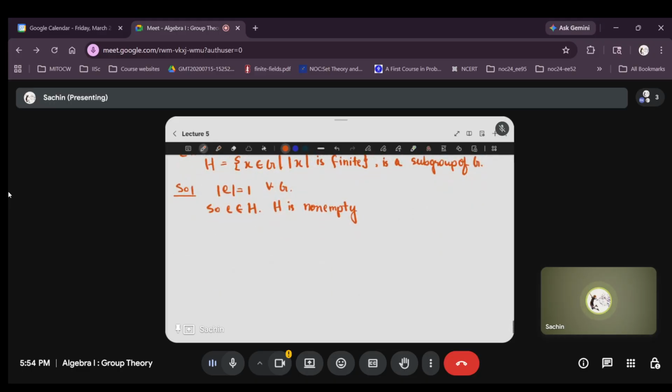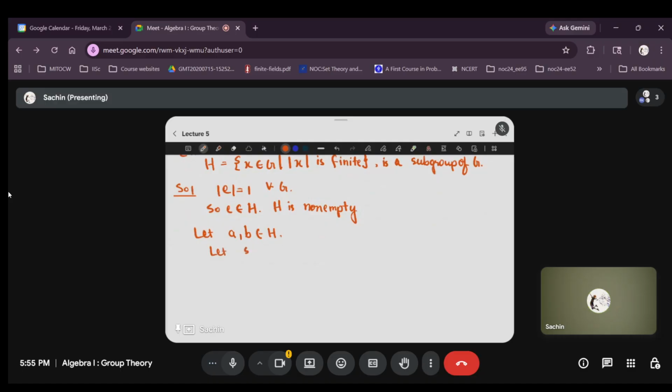We have to show two things: closure and existence of inverse. So let A, B belong to H. And how do I show that AB is in H? So let's write down some numbers.